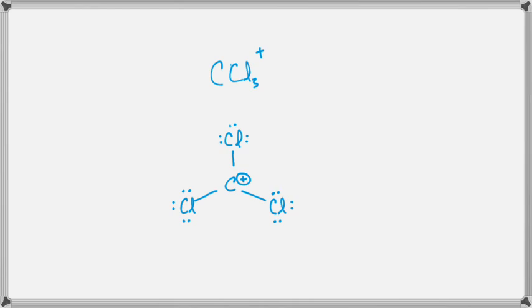If we ignore that positive charge, is the molecule polar or non-polar? Okay. Because those are all chlorines, they're all pulling with the exact same force, same electronegativity. And they're all going to pull in their individual directions.